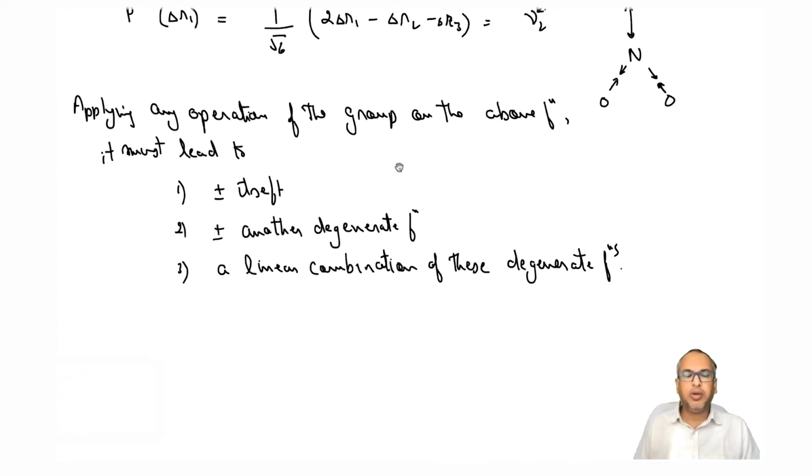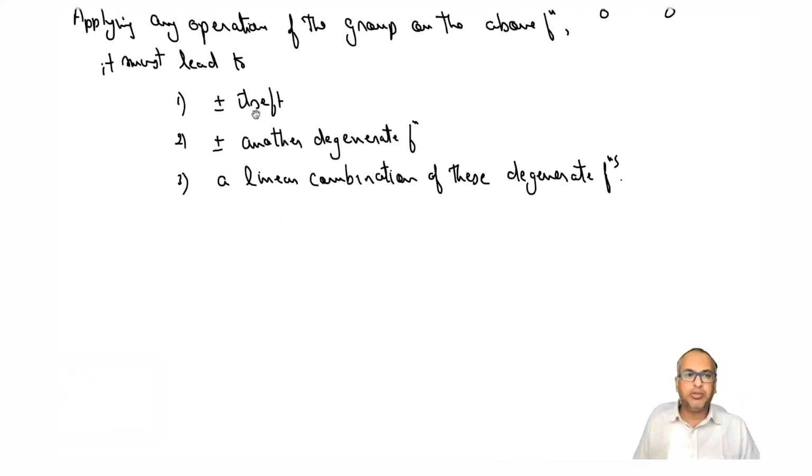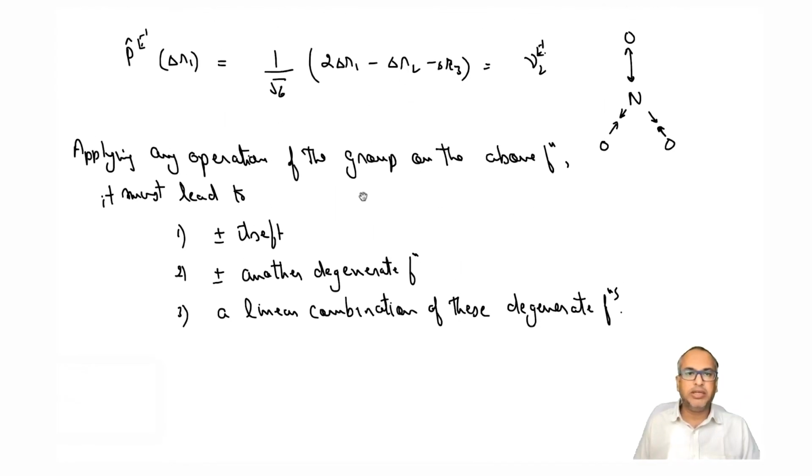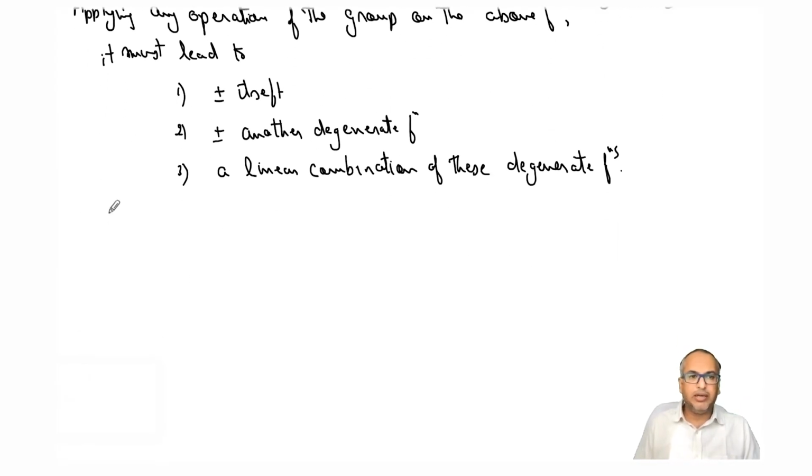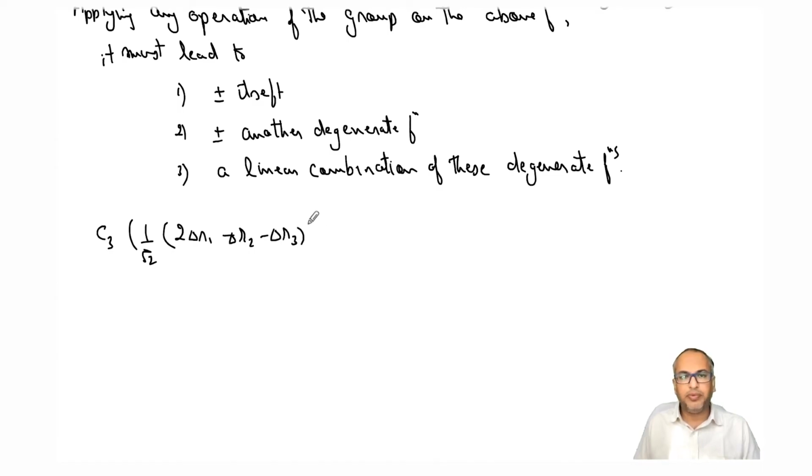Let us try a symmetry operation on this function and see what we get. Let's pick C3 out of the D3h point group and apply it on this particular function, 2 delta R1 minus delta R2 minus delta R3.